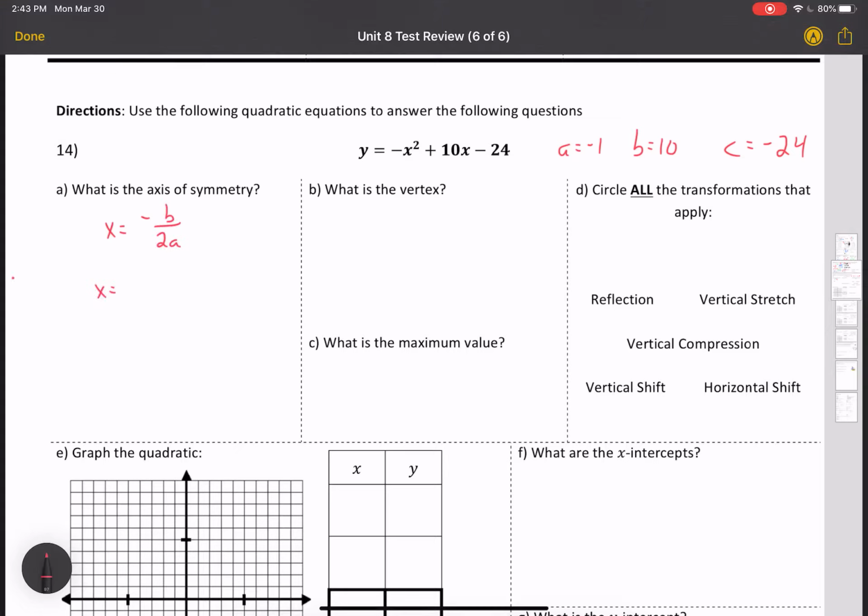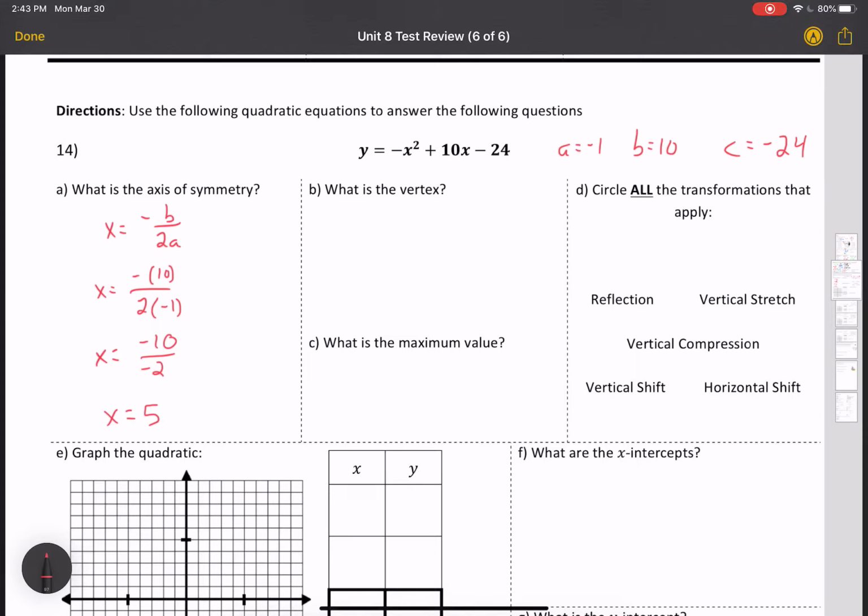We get x equals negative, our b value is 10, over 2 times a value -1. Okay, so if I simplify this, I'm going to get x equals -10 over -2. So x is equal to 5.